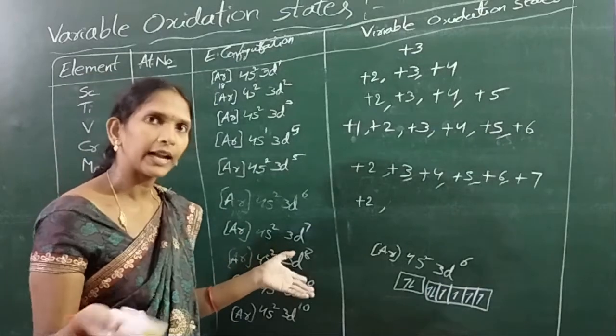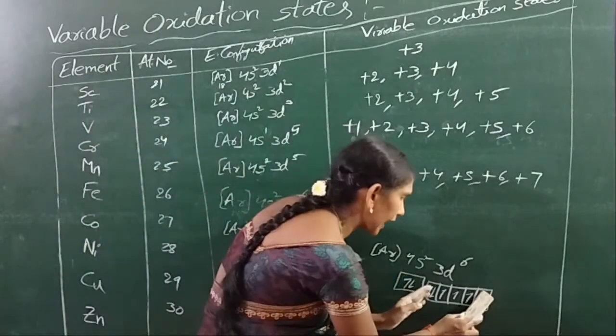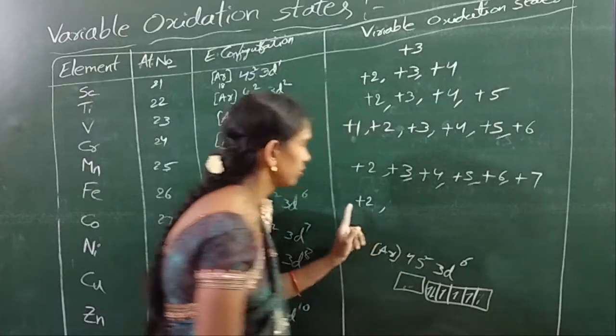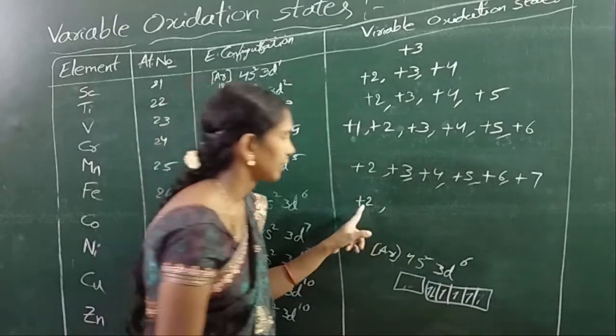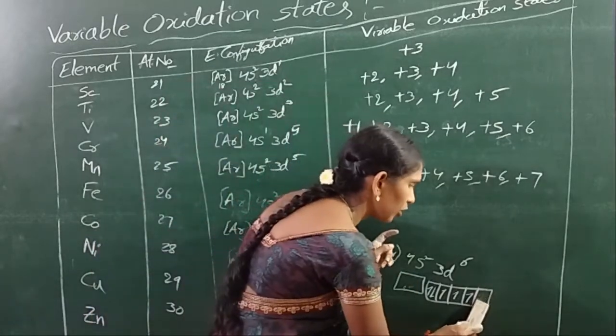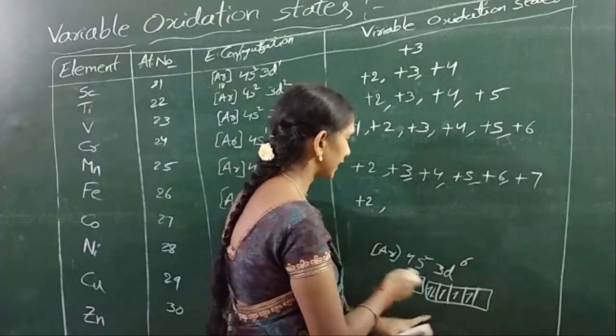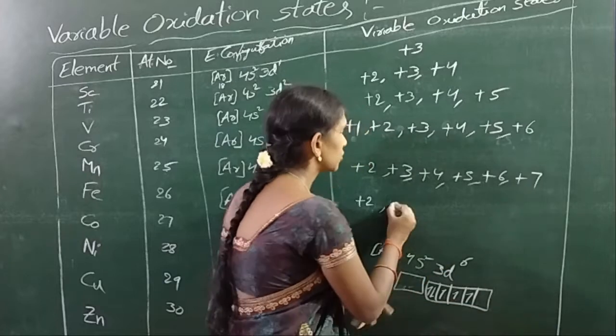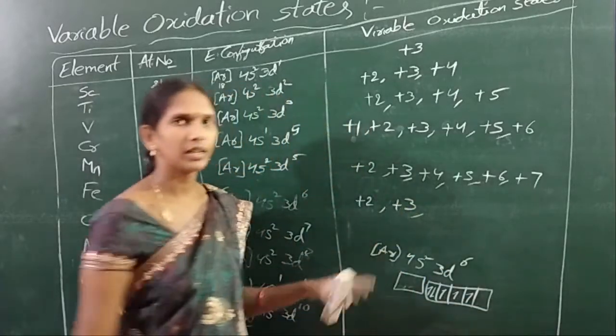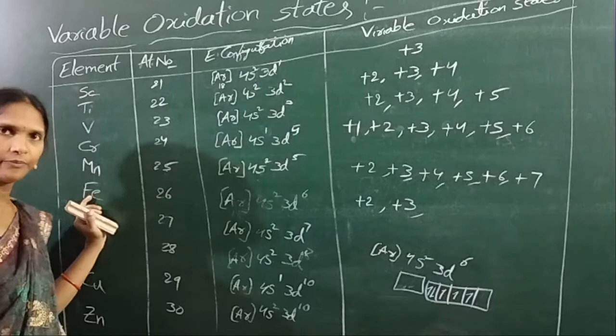When these 2 are removed, plus 2 oxidation state exists. Then I can remove 1 electron from D, so here 2, here 1: plus 3 oxidation state is possible in Fe.